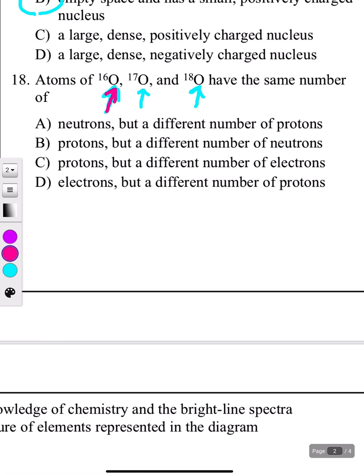Same number of protons. So let's complete this sentence. Have the same number of protons. So we're stuck between B and C, but different number of, okay, and that would be B, because it's not a different number of electrons.